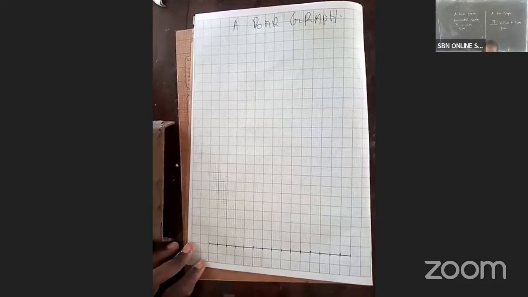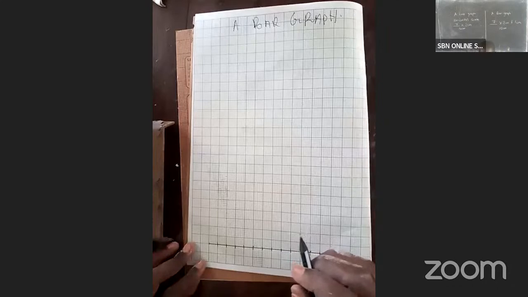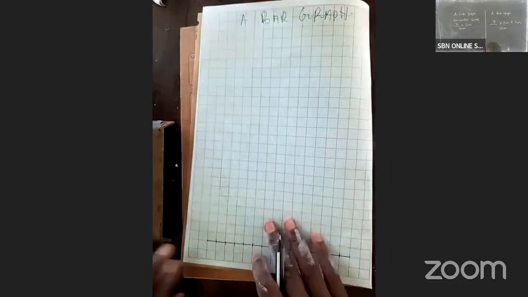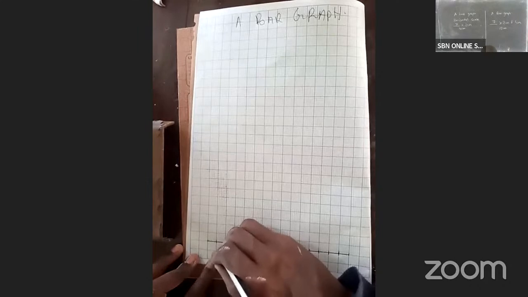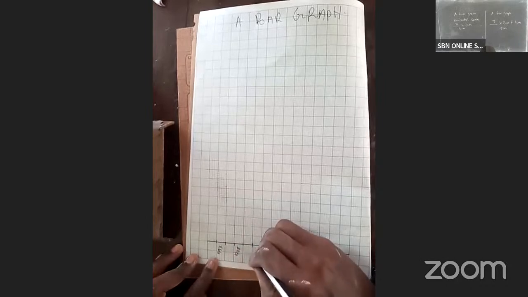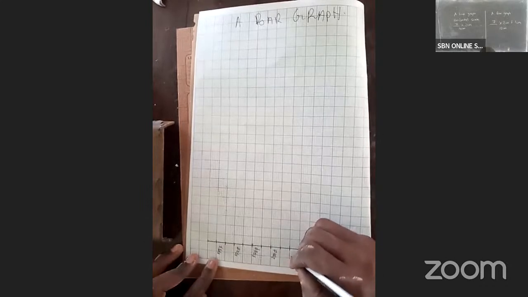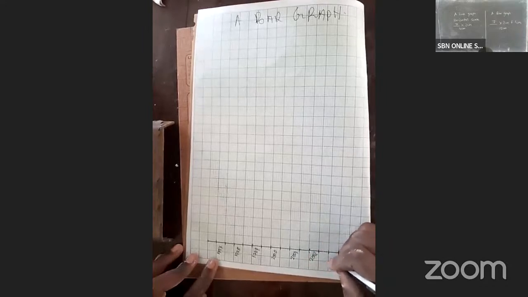Because we are going to draw in this graph, we are supposed to have a space of 1 centimeter and a bar. Who can remind us which year we started with? 1997. So this is how we are going to write 1997, 1998, 1999, 2000, 2001, 2002, and 2003.